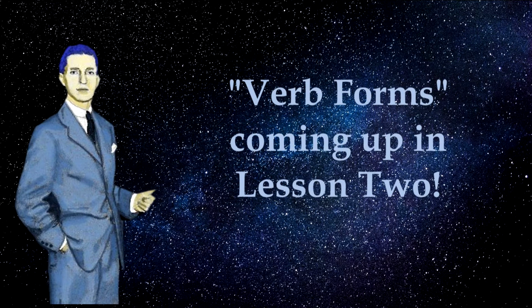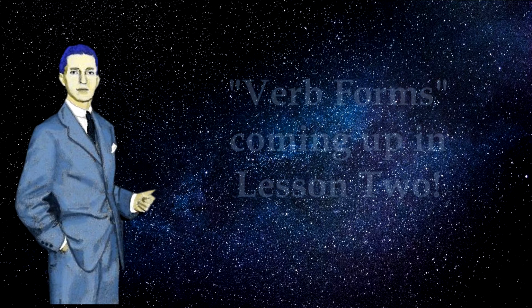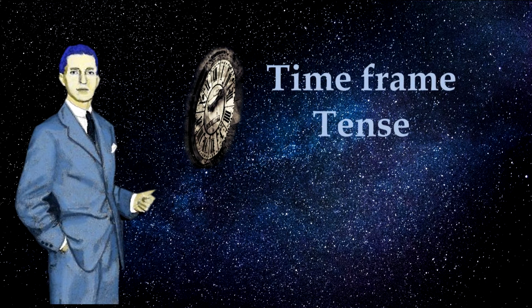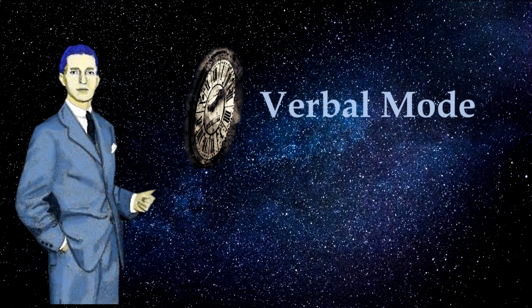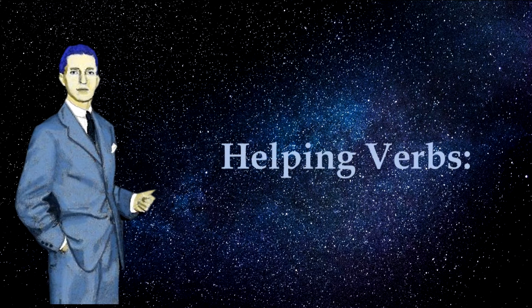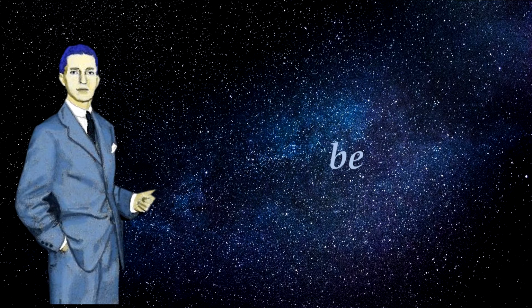For now, I'll name each one briefly as we talk about compound verbs. The auxiliary will be part of the construction that helps us to understand the time frame, or tense, as well as the mode of the main verb that follows it. For this course, the main helping verbs are going to be be, do, and have.